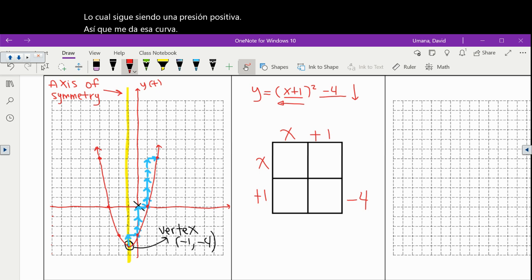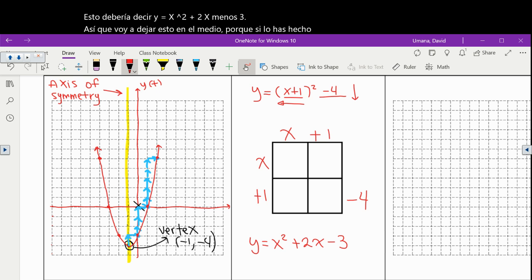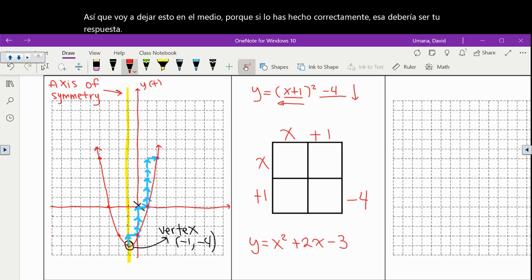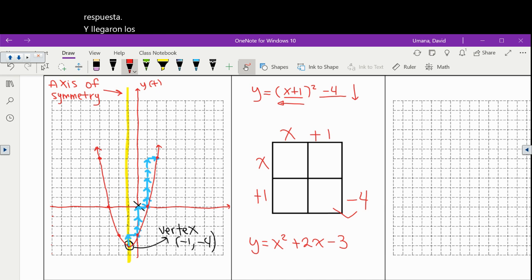If you've done everything correctly here, this should say y equals x squared plus 2x minus 3. I'm purposely going to leave the middle blank, because if you've done it correctly, that should be your answer. And the minus 3 came from combining these two. Okay? Doesn't work any other way.